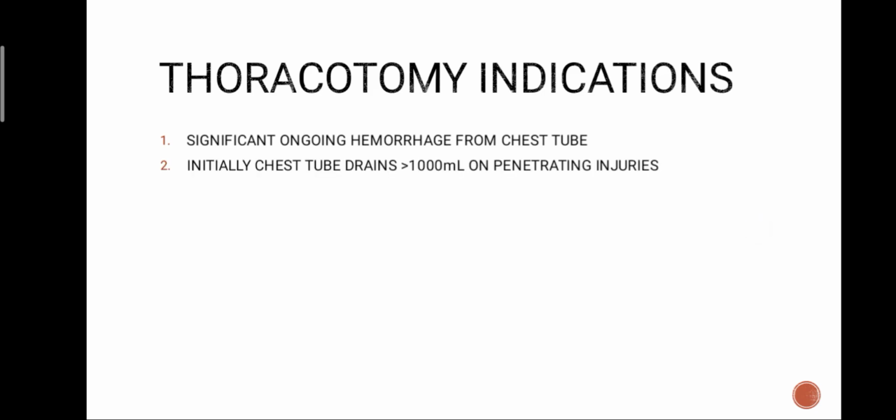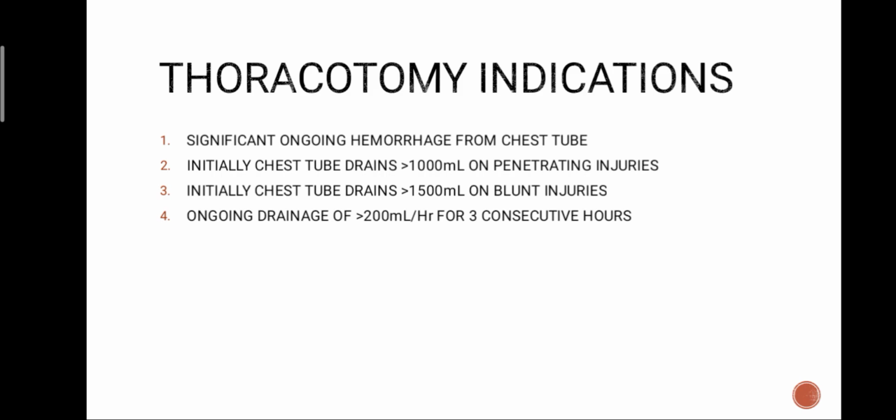Now, when this chest tube or the needle decompression doesn't help, you have to go with thoracotomy, that is opening up the chest. It is usually done in cases where there is significant ongoing hemorrhage from the chest tube, or the initial chest tube drains more than 1000 ml or 1 liter on penetrating injuries, or the chest tube drains more than 1.5 liters on blunt injuries.